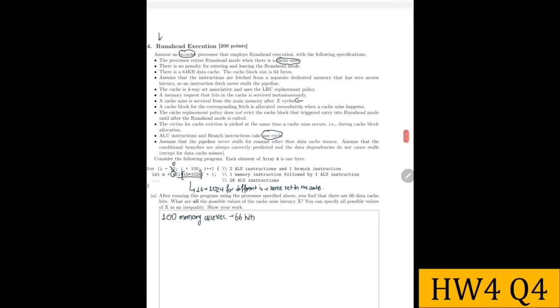So how many misses do we need? We need 24 misses. No, sorry, not 24, 34 misses. For 34 misses, what do we want?